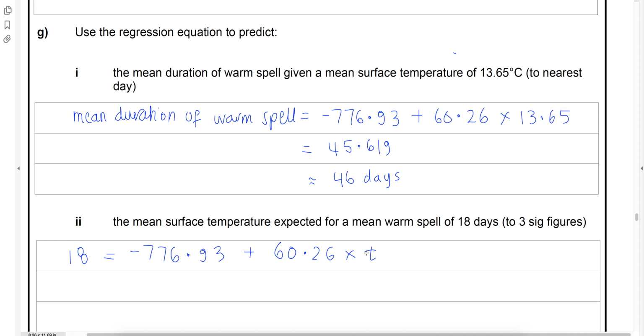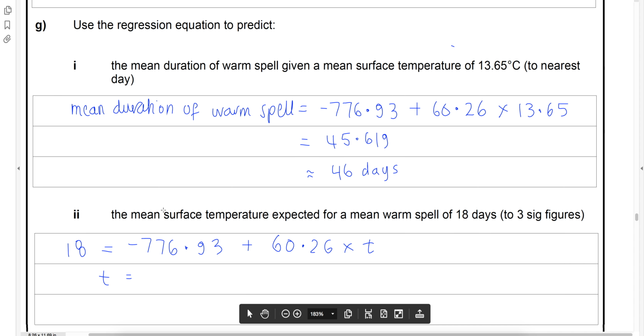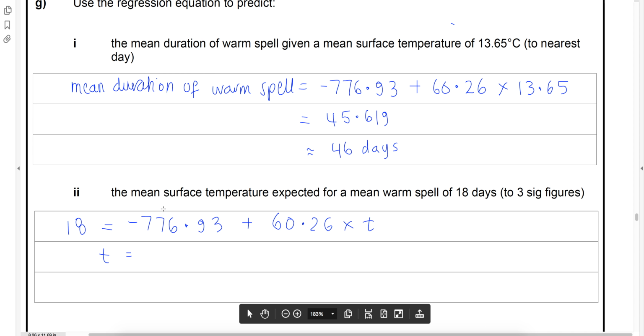By T, comma T, T equals. And I've got 13.2. And that, of course, is to 3 significant figures.